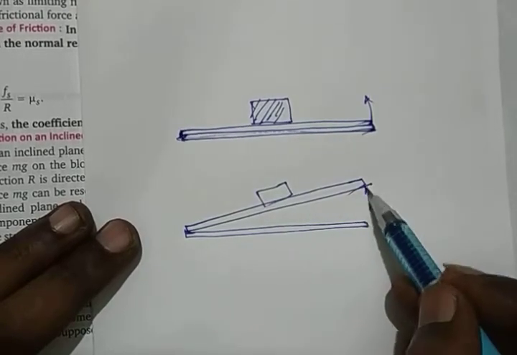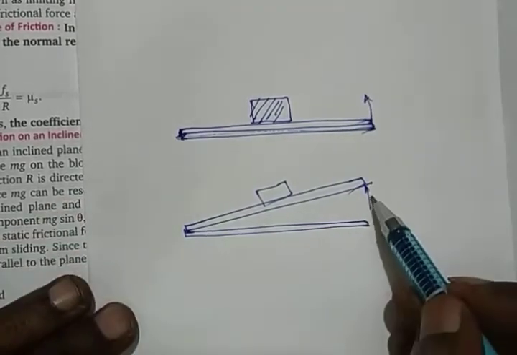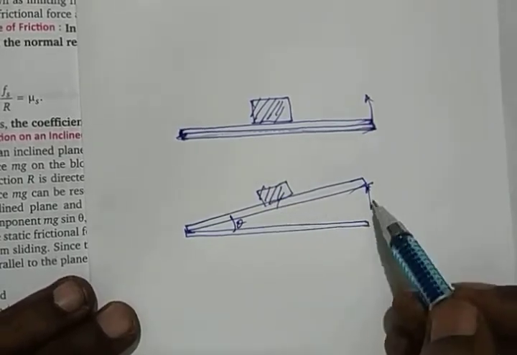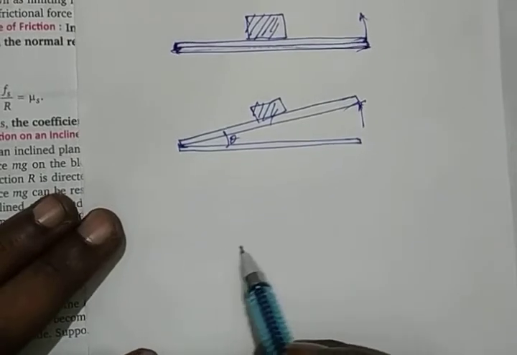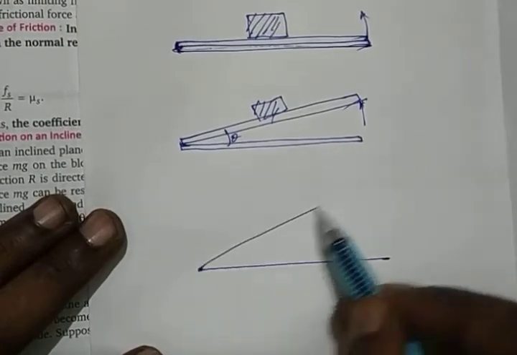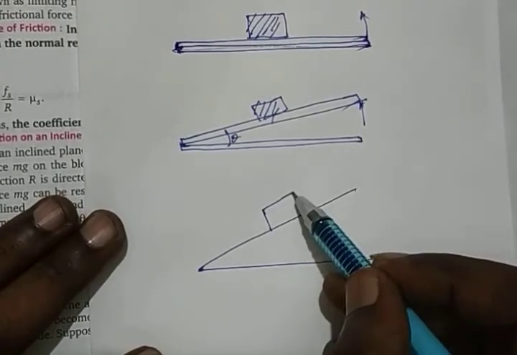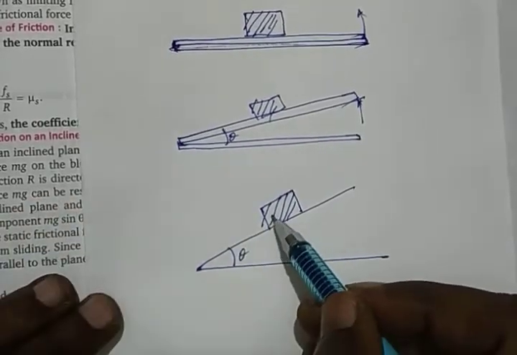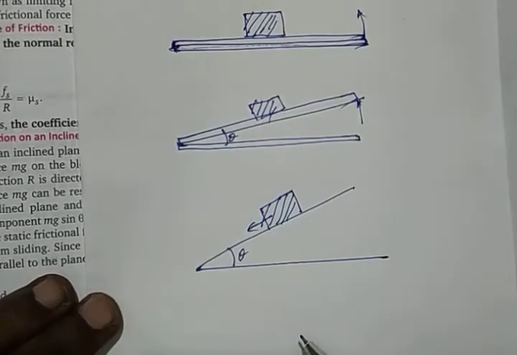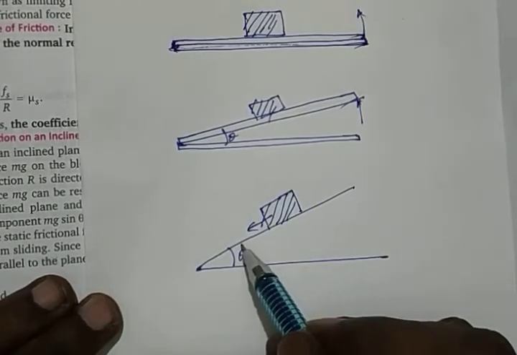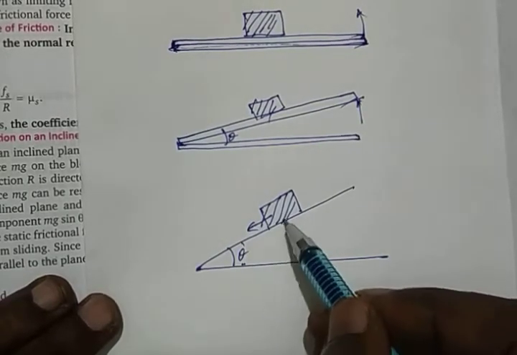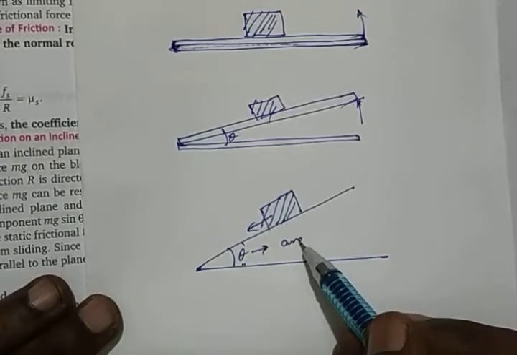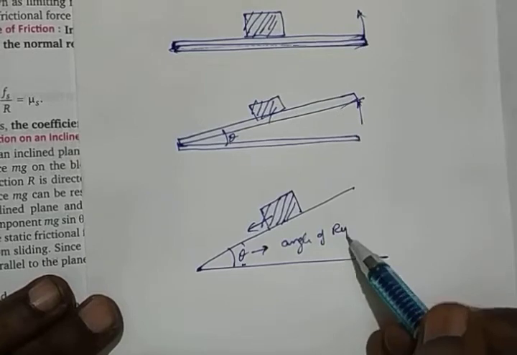I'm lifting this plank, and because there is an angle here, I lift it more. When I lift more, at one particular moment, this block will just start sliding down. The angle of the inclined plane, when the block is just on the verge of sliding down, is called the angle of repose.